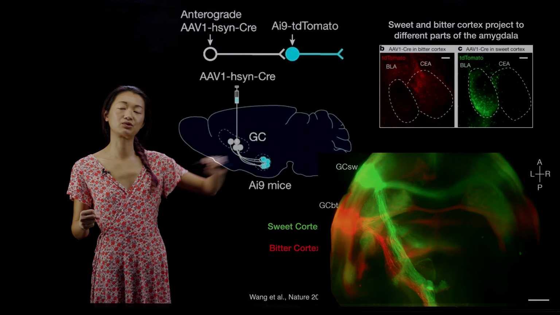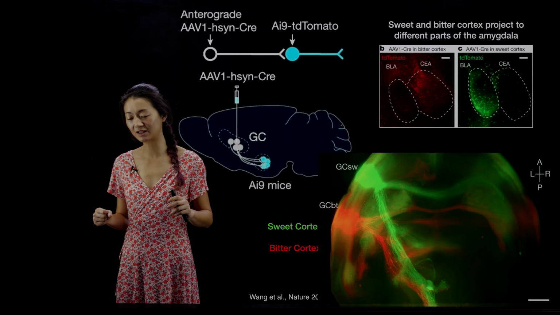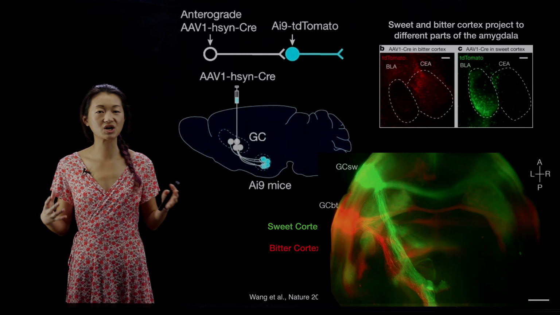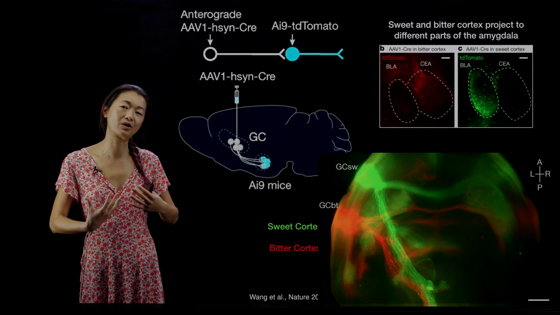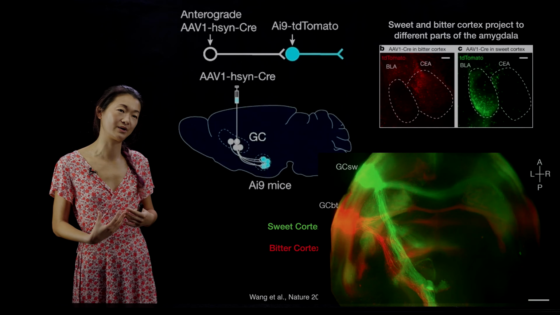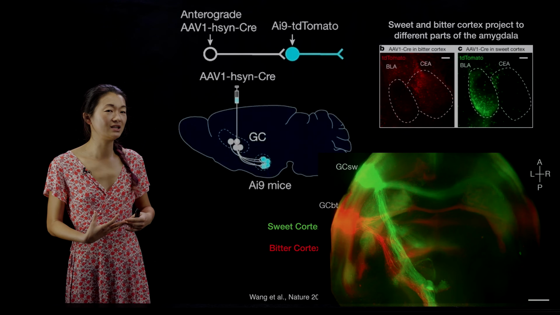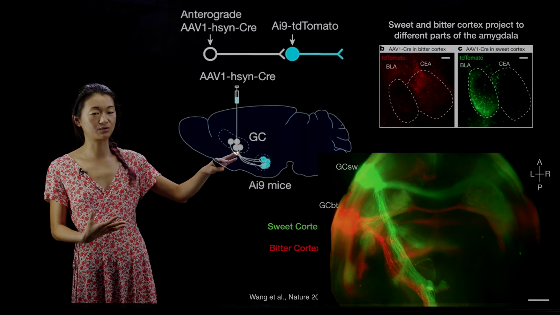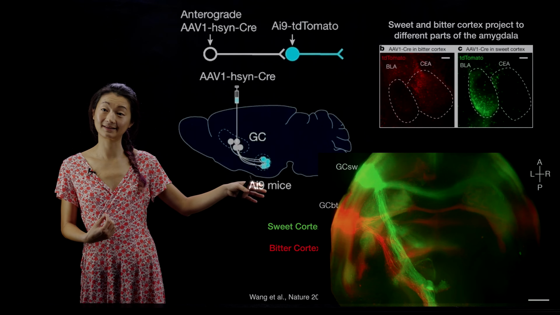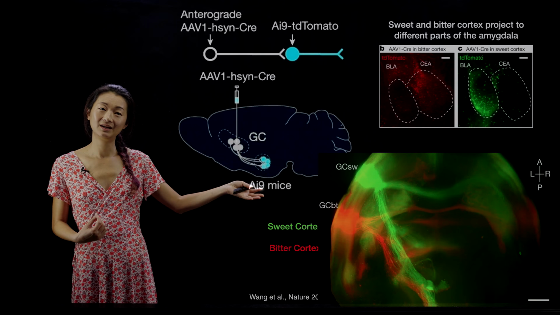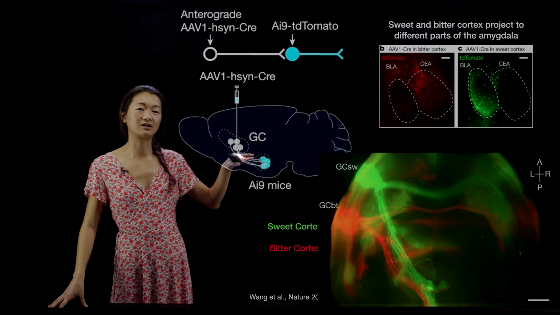It's part of the limbic system, and we think of it as being associated with fear and memory and different types of aggression. So it's a very primal, feeling-oriented part of your brain. And what they demonstrated here is that the sweet cortex and bitter cortex actually project to different places in the amygdala as well.